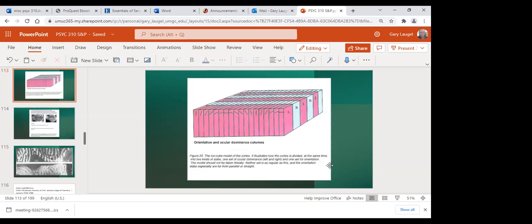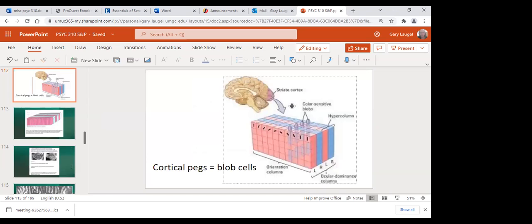So these dominance columns, this is what we were looking at. Notice in this picture and in this one here, the right eye and the left eye alternate on the cortex, and they get fairly equal amounts of space dedicated to themselves, right?